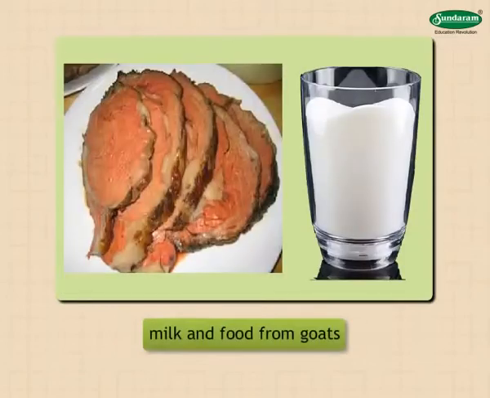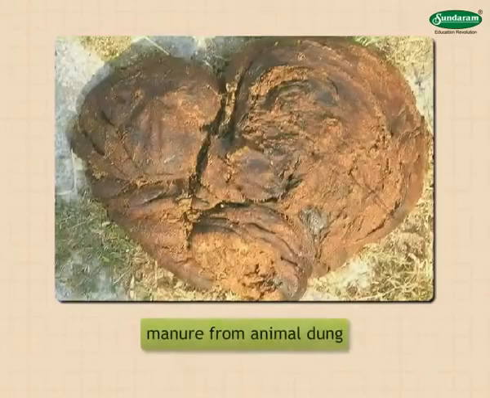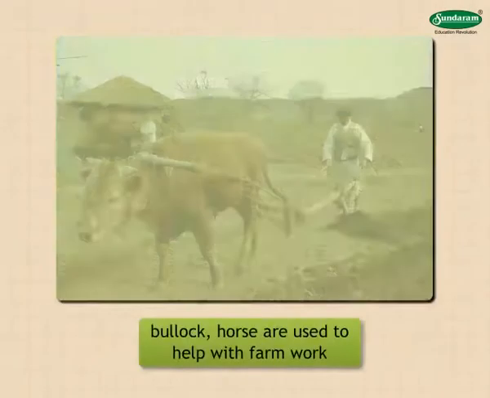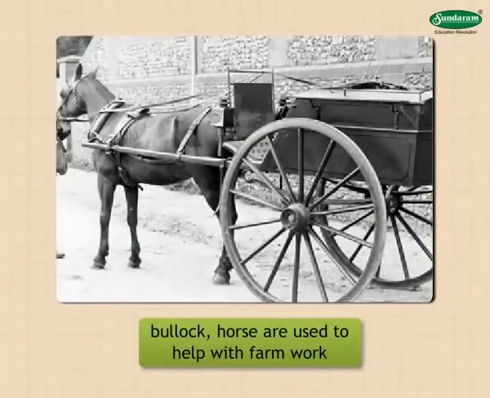We get both milk and food from goats. We get manure from animal dung. The bullock and horse are used to help with farm work. The number of animals a person owns tells us how big his dairy or farm is.